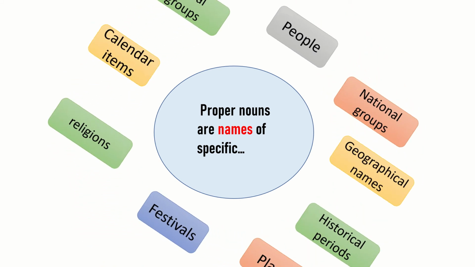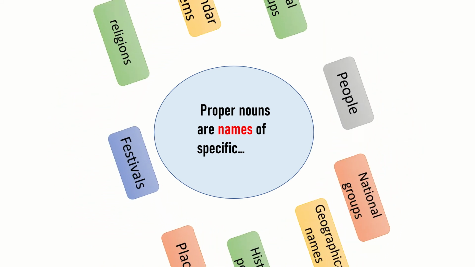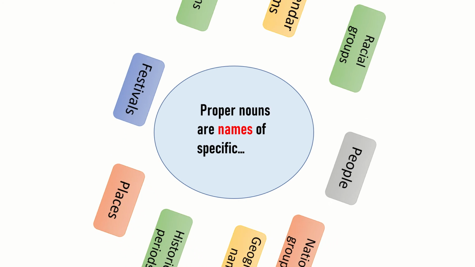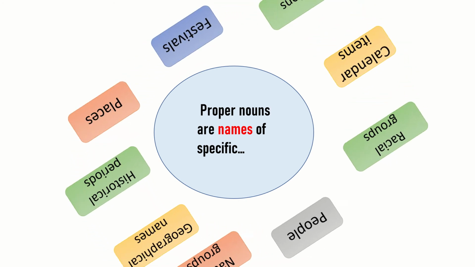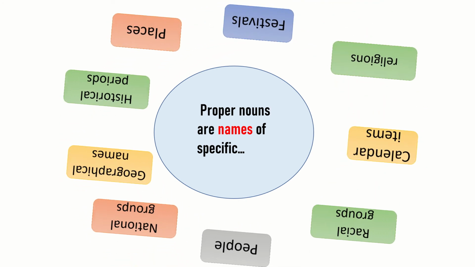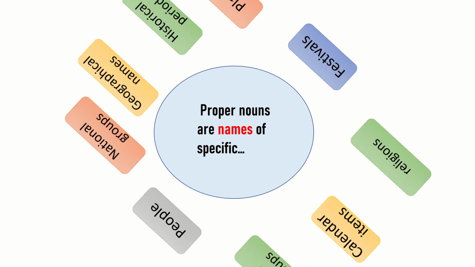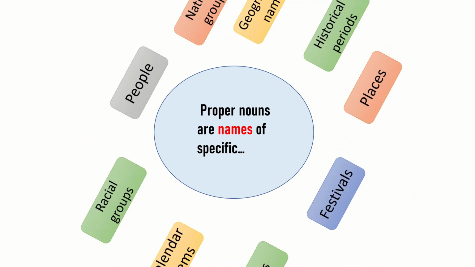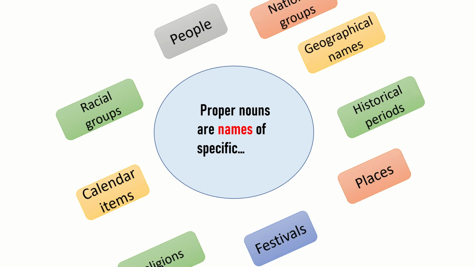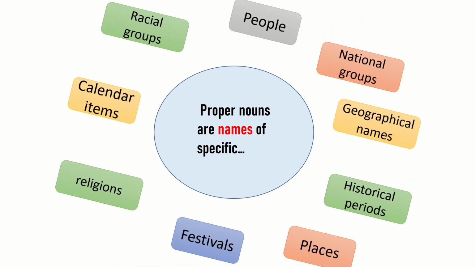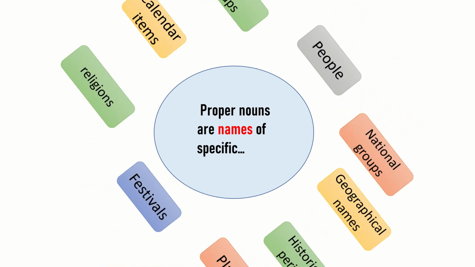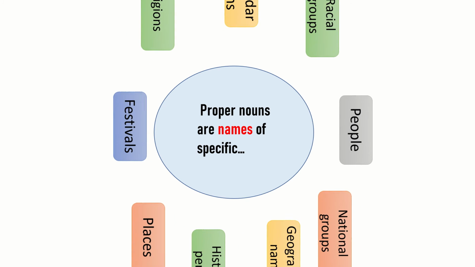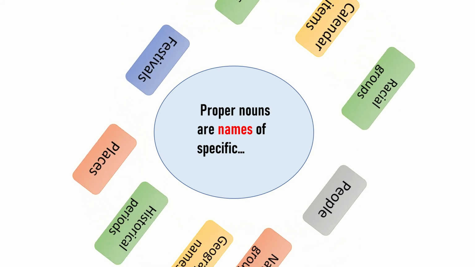In historical periods, examples are the Victorian period, the neoclassical period, etc. Places, we talked about it, buildings and places. Any name of a place can be taken as a proper noun. Festivals, we talked about it, and also religions: Buddhism, Christianity, Hinduism, those are religions.